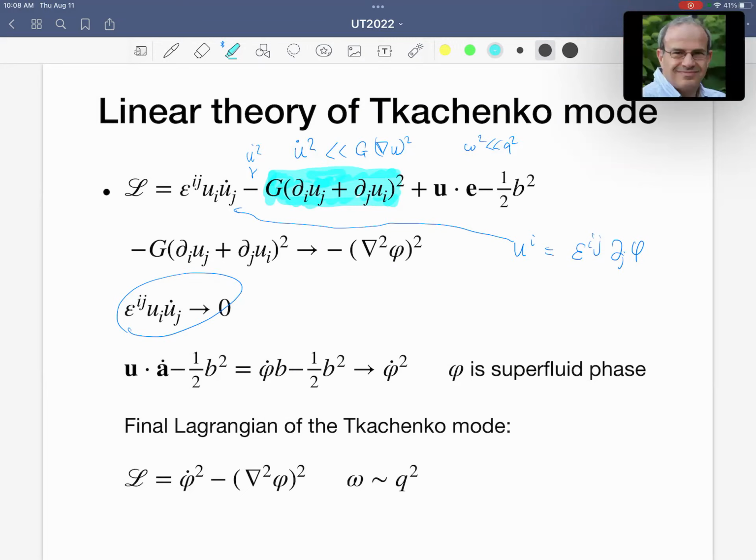Okay, keep going. Maybe there's something I don't understand, but I can also do the calculation with the Berry phase term included, and it doesn't affect the effective Lagrangian.